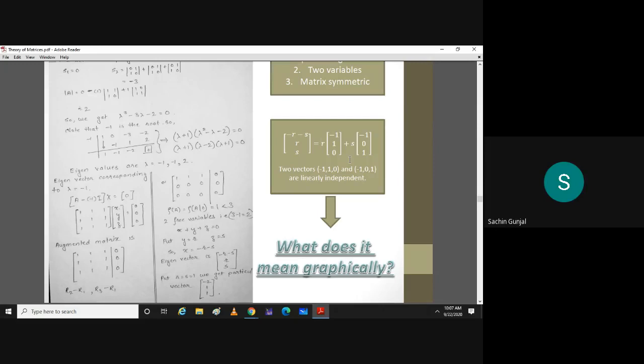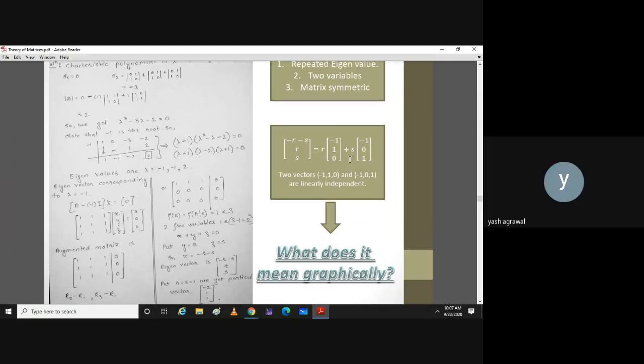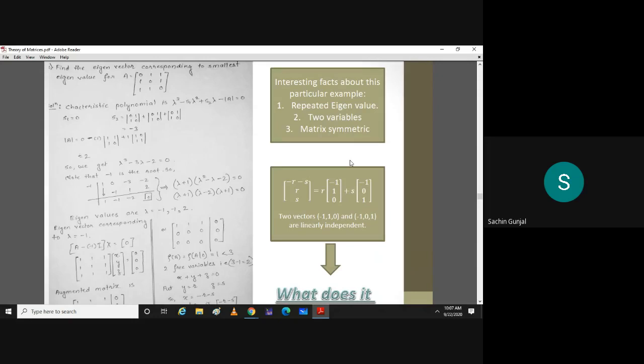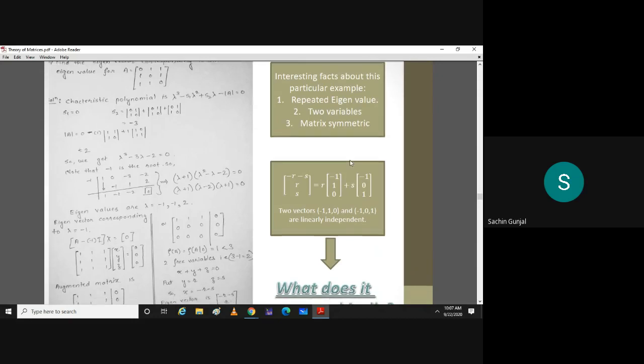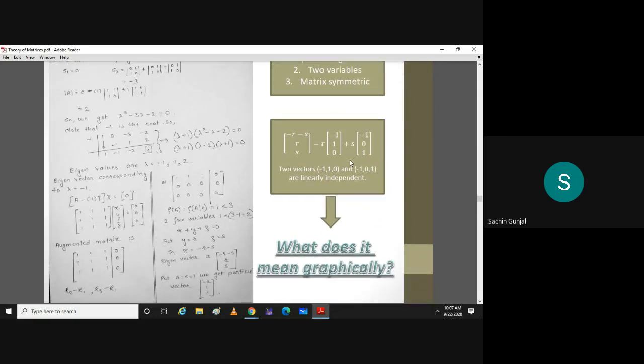Sir, we only have to find for -1 and not for 2? The question is for the least value, the smallest value. Is the concept clear? Sometimes we may have two eigenvectors corresponding to one eigenvalue. That's what I mean to say.